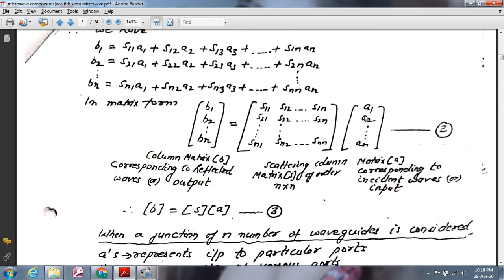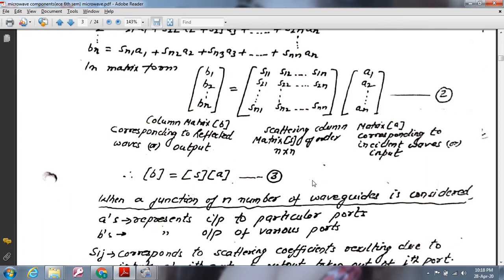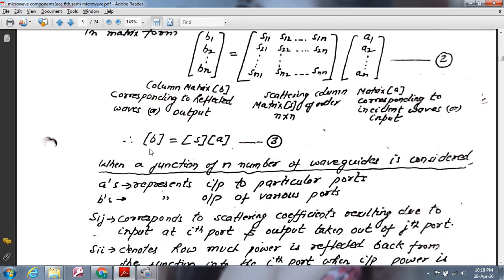And the last matrix is matrix A corresponding to the incident wave. This was the incident signal, incident power, or we can simply say these are the inputs. So from this we can say the matrix B, the output matrix, will be equal to the scattering matrix S multiplied by the input matrix A. So this is the general form of the S matrix: B equals S into A.